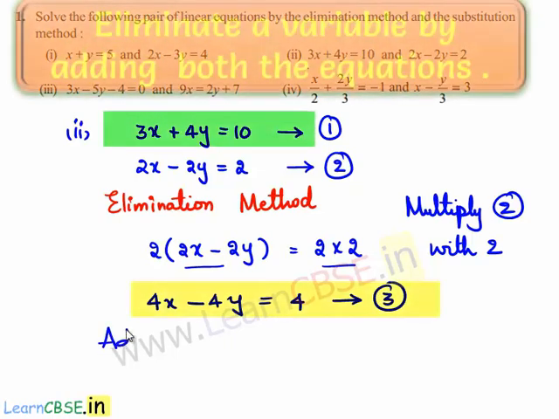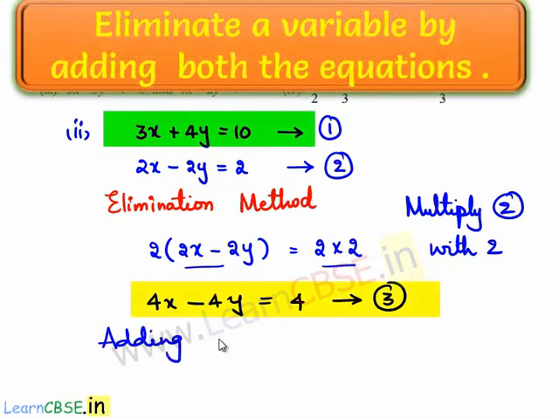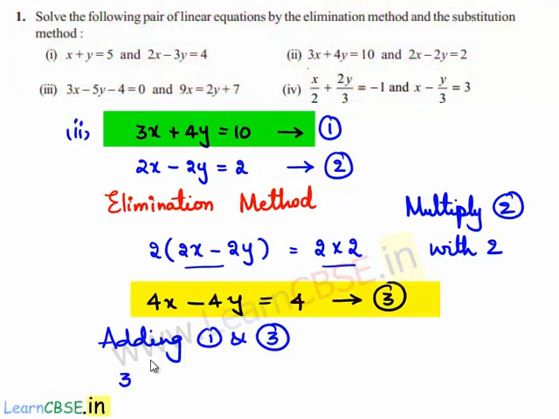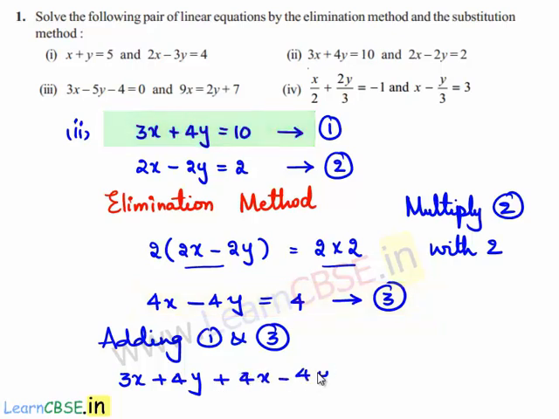Now adding equation number 1 and 3, we get, this is the left hand side, so 3x plus 4y, and the left hand side of the third equation is 4x minus 4y. The right hand side of equation number 1 is 10 and the right hand side of equation number 3 is 4.